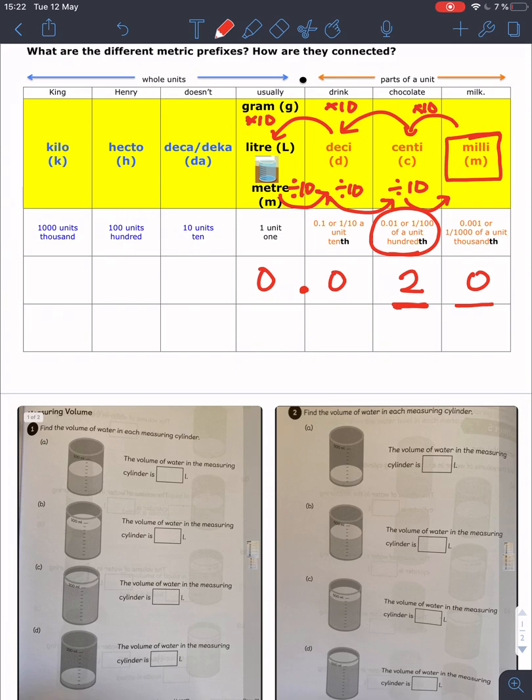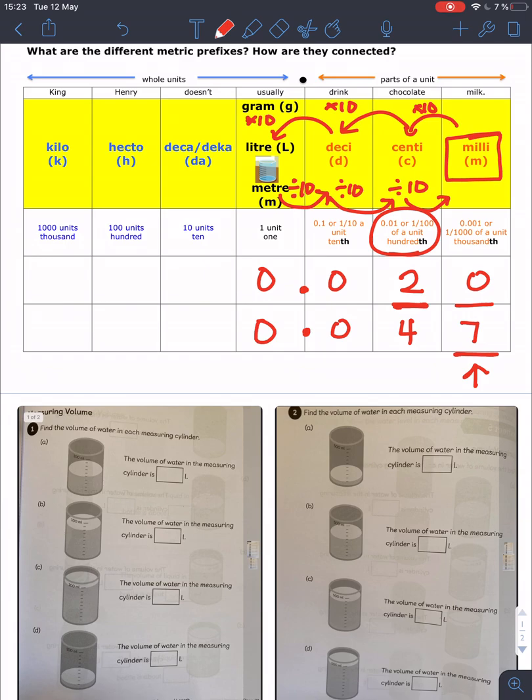Let's say that we had 47 milliliters, which is kind of a random amount of liquid to have. If I'm talking about milliliters, I'm going to write the 47 so that the last digit is in the milliliters spot. 47 milliliters is the same as 47 thousandths of a liter.